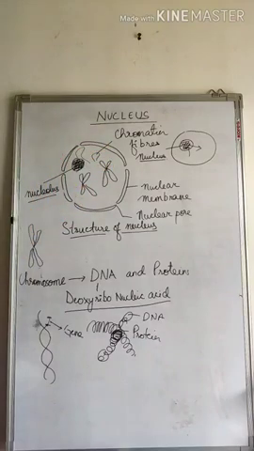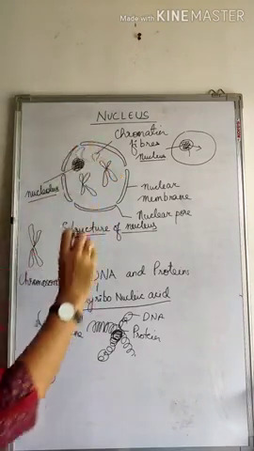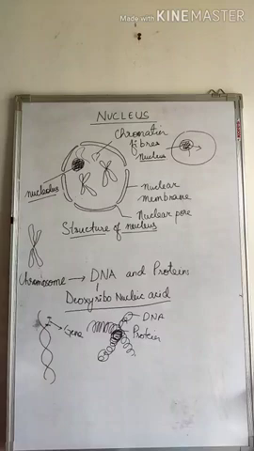That type of cell, we call it as prokaryotic cell, and the organism, we call it as prokaryotic organism. And organism, or the cell which have proper nucleus, we call it as eukaryotic organism.